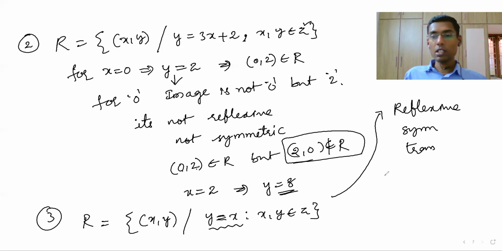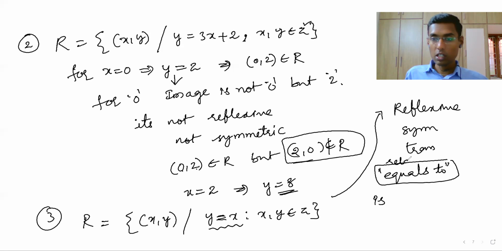What I can say is equals to is a relation. Equal to is the relation, and equal to is reflexive, symmetric, transitive.